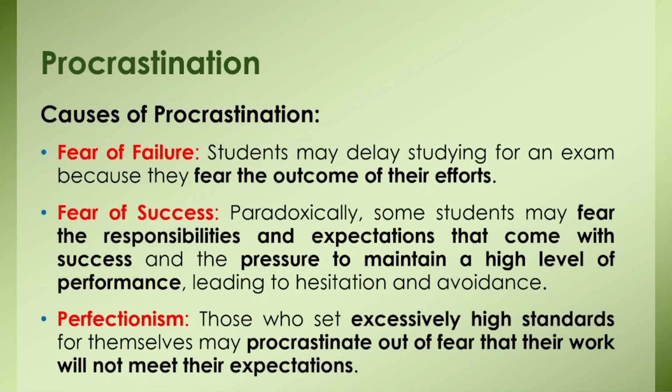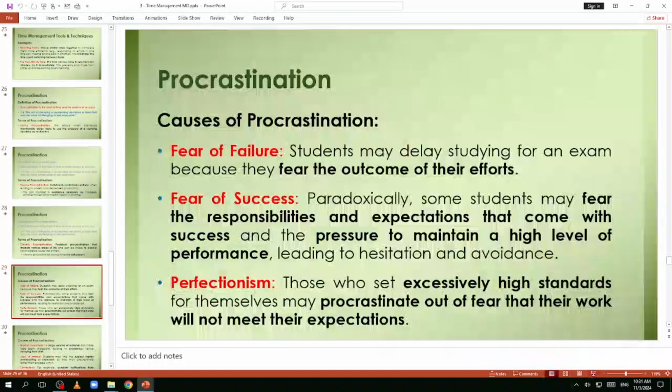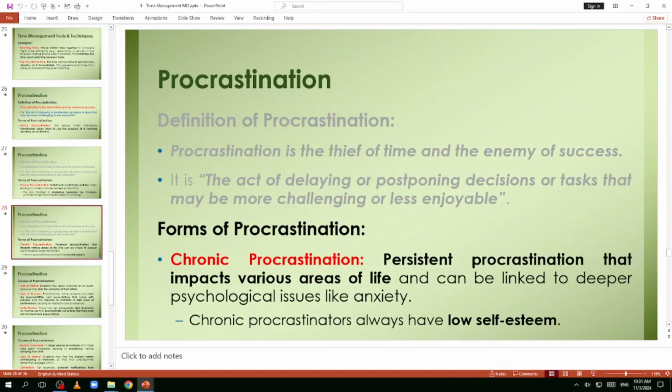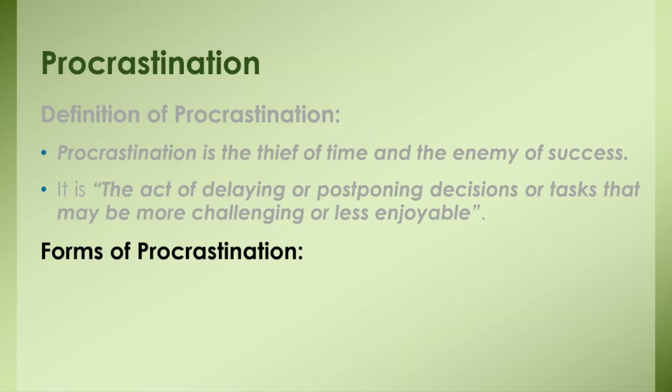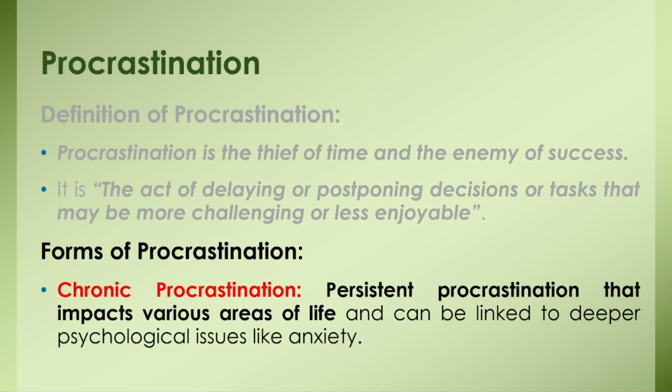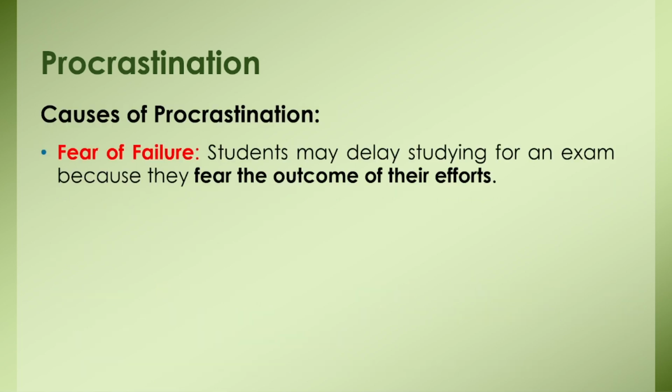You cannot call it chronic procrastination unless it causes psychological problems like anxiety. Those people actually are anxious. They go to the psychiatrist and they receive treatment for anxiety. You see? But passive procrastination may be in 1, 2, 3, 4 tasks, half of the tasks, and so on. Okay.